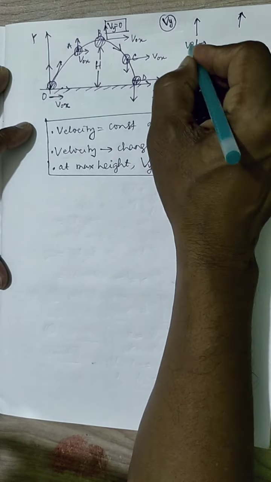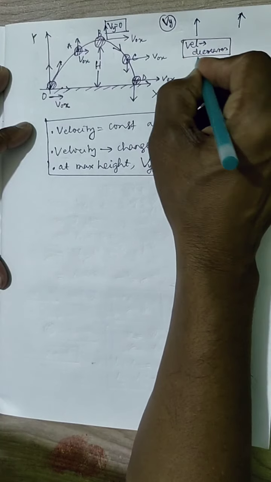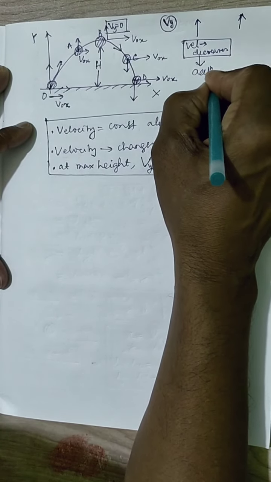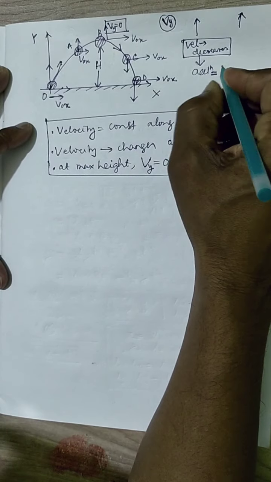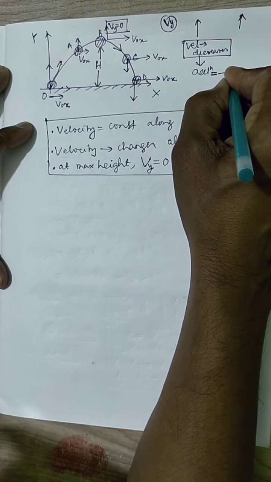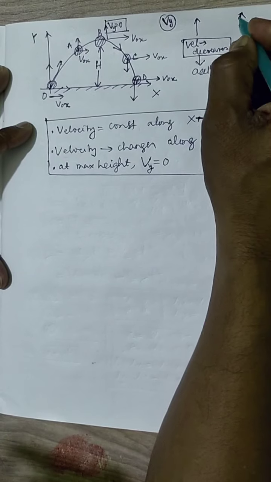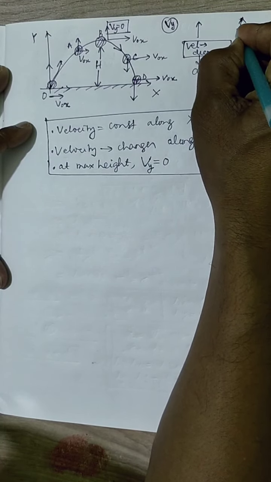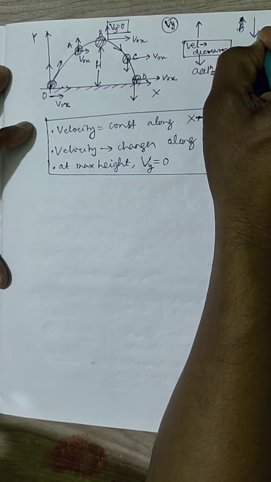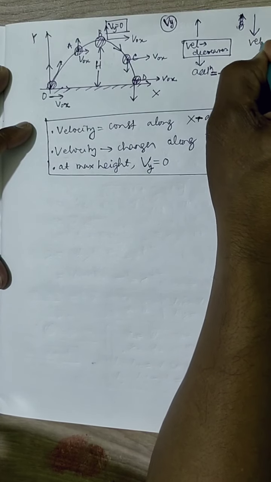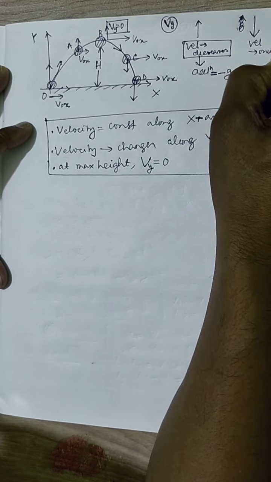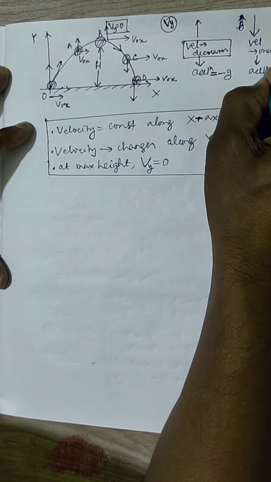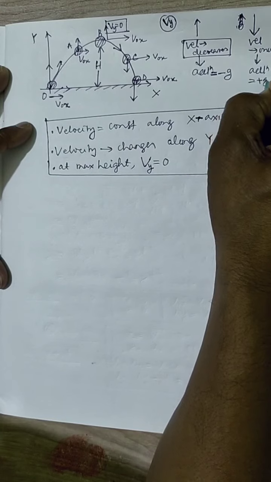During upward motion, velocity decreases and its corresponding acceleration, g, becomes negative. During downward motion, velocity increases and the corresponding acceleration is plus g.